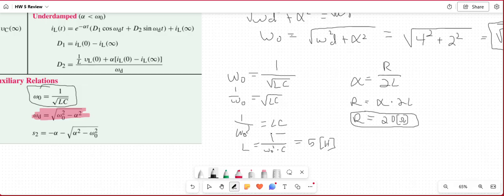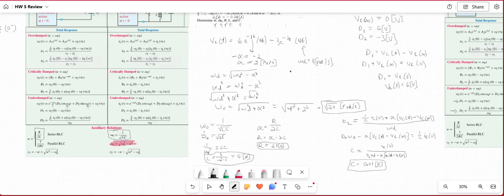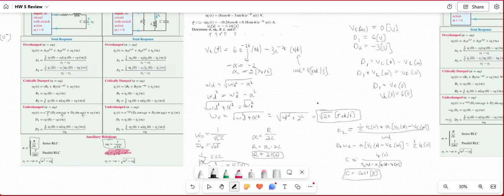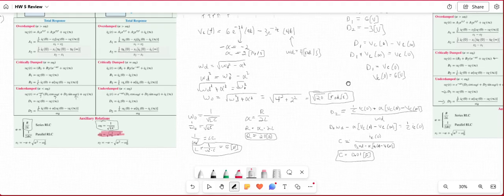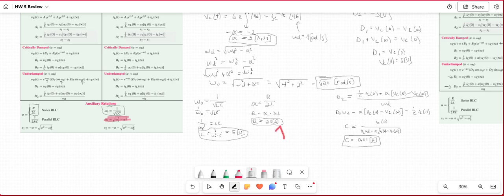And we just found everything. We found alpha, let me box that. Alpha equals 2 nepers per second. We found W naught over here. We found R, L, and C, and that's the end of the problem.